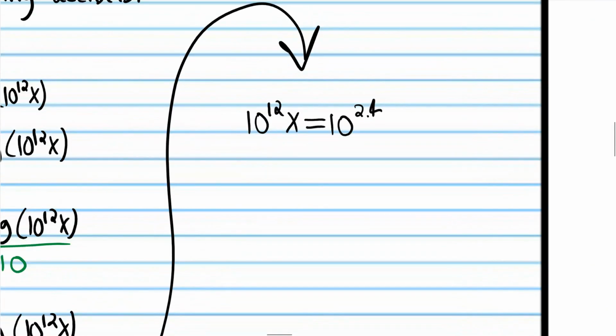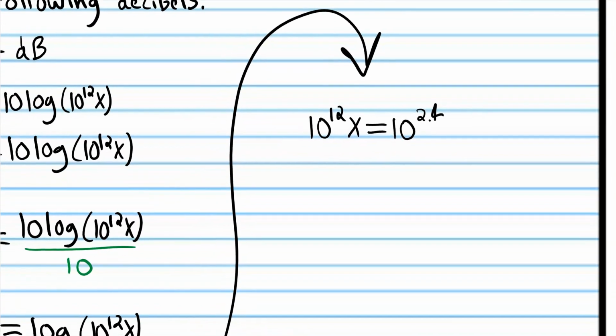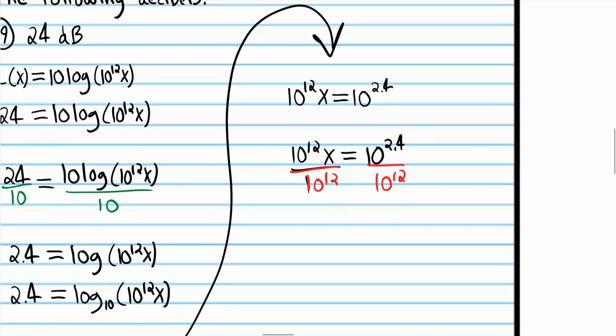Okay, so now what do we do? Well, we could use a calculator, but let's simplify this first because we have a lot of skills that we learned in my intermediate algebra course to deal with exponential expressions. So let's divide both sides by 10 to the 12th. You don't have to solve it this way, but this is a good way to solve it.